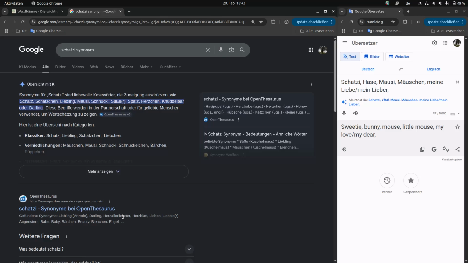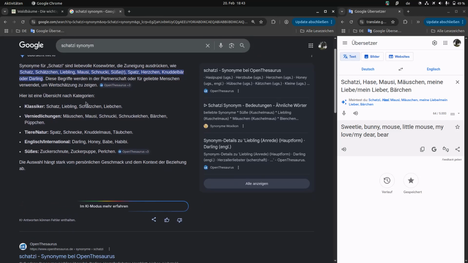Herz allerliebster, which is most dear to the heart. Herzblatt, like kind of leaf of the heart. Bärchen is also something like a little bear, but maybe not necessarily. Then we have Liebling, which is very, very German, which is basically equivalent to darling.